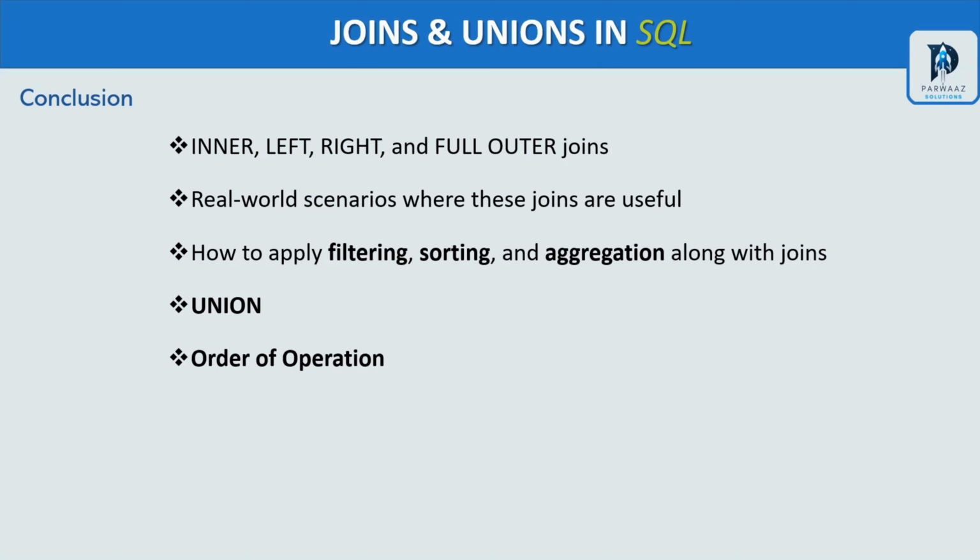We also saw how to use the union operators to stack data from similar tables. And finally, we explored the order of operation of SQL commands. You now have a solid foundation to work with multiple tables and merge data sets efficiently. It's a crucial skill to have for any data analyst, developer, or data scientist.